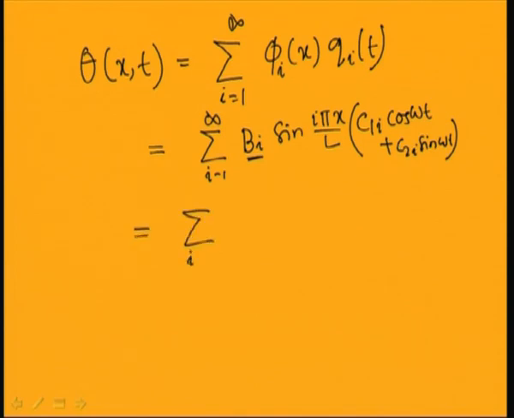So, summation i equal to 1 to infinity, using some general constants, in terms of alpha and beta, I can write alpha i cos omega t plus beta i sin omega t, into sin(i pi x by L).